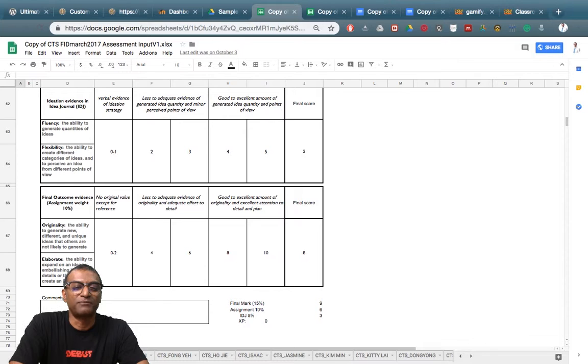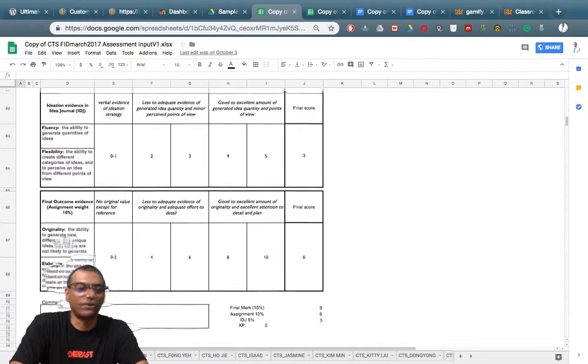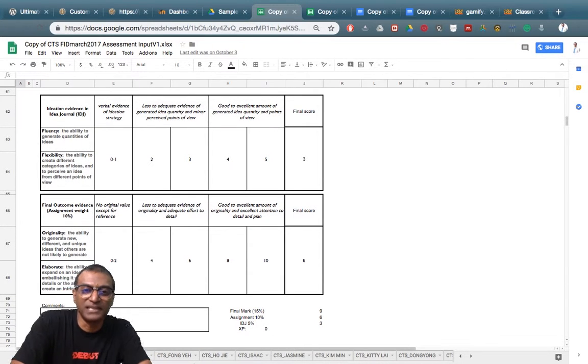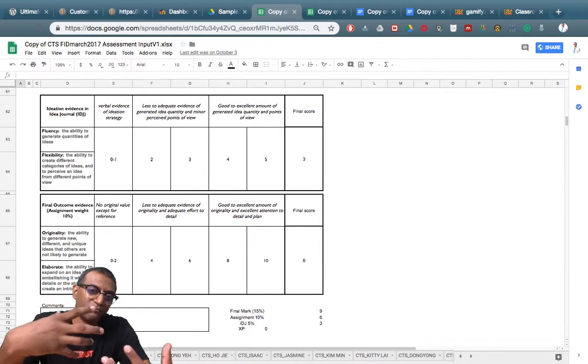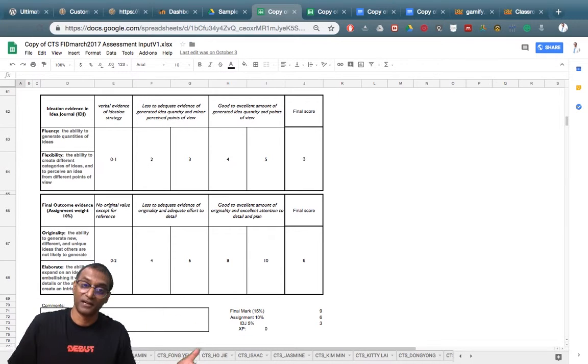You have up to 5 points to score from your rubric, and some of you have 3 points, some of you have 4 points. If you get consistently 3 points, it means that you're not putting in enough exploration. Fluency means quantity of ideas, and flexibility means expansion and development of ideas.